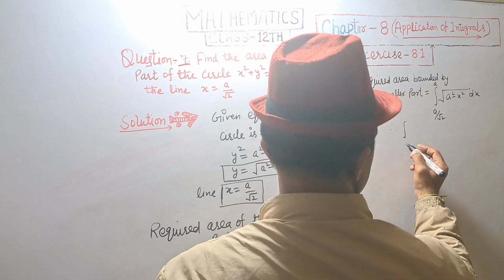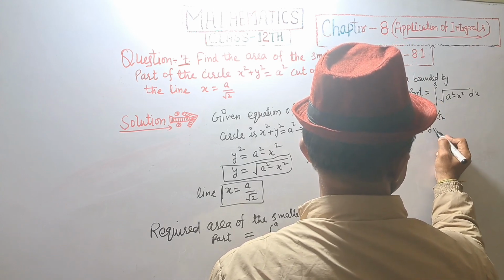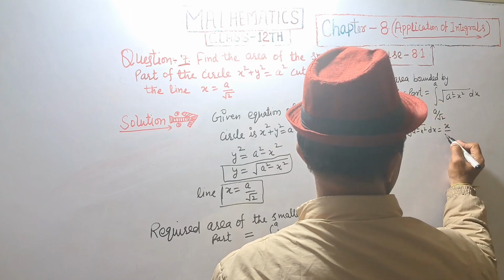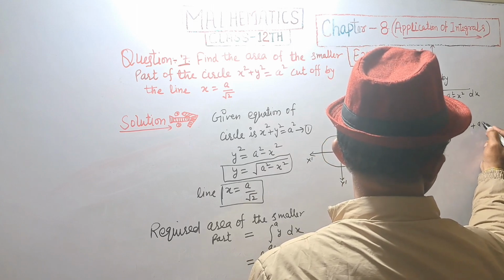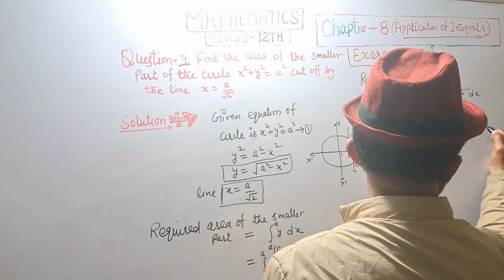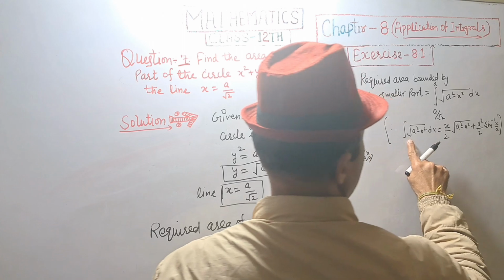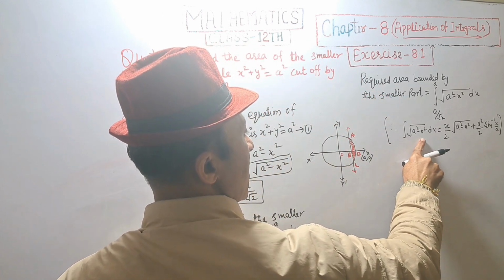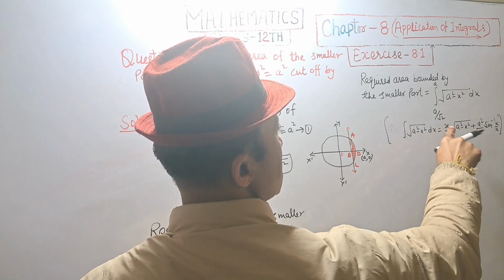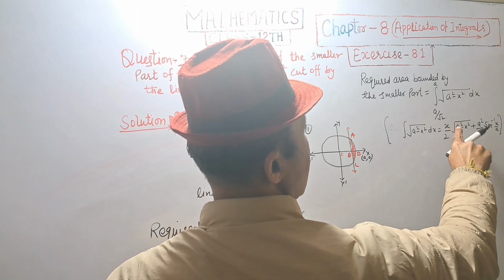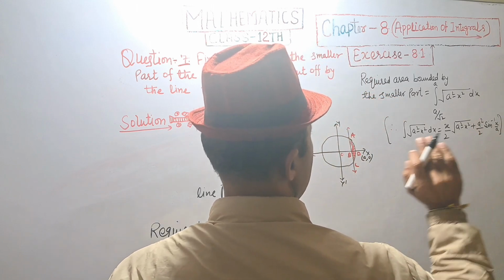We know that integration of root a square minus x square dx is equal to x upon 2 under root of a square minus x square plus a square divided by 2 into sine inverse x upon a. And we are applying the formula.